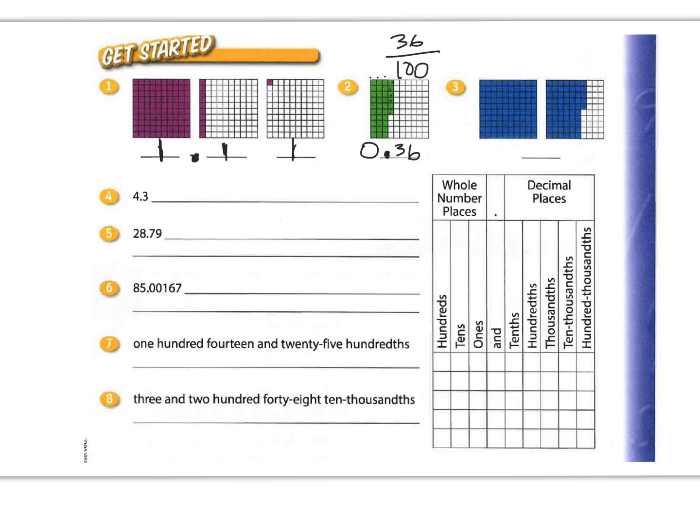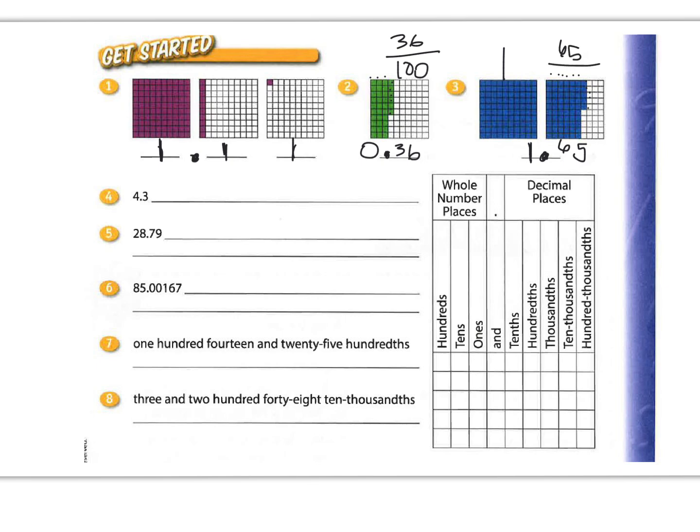And then here we have one whole, and let's see how many hundredths are shaded in here. 10, 20, 30, 40, 50, 60, 61, 62, 63, 64, 65. 1 and 65 hundredths, because this is one whole and this is 65.